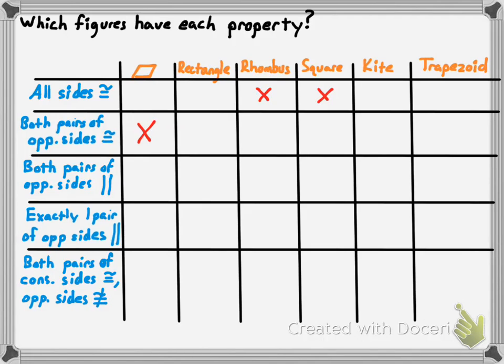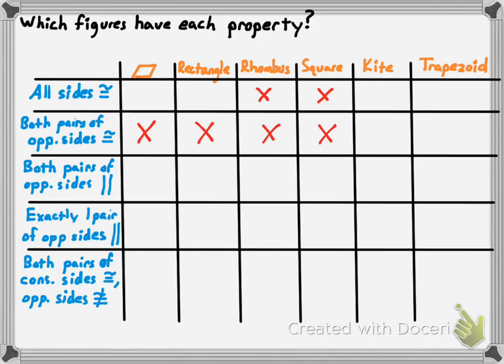Rectangles, rhombuses, and squares are all versions of parallelograms, so automatically if I put an X in the parallelogram box, I'm also going to put an X for rectangle, rhombus, and square. Similar to what I already did in the first row, a square is always a special type of rhombus, so if I put an X in the rhombus column, it's got to go in the square column as well.